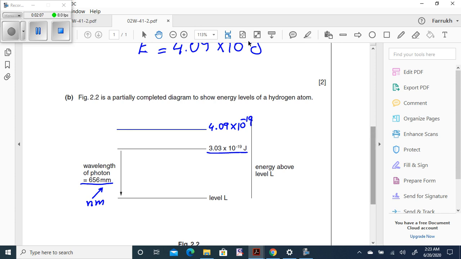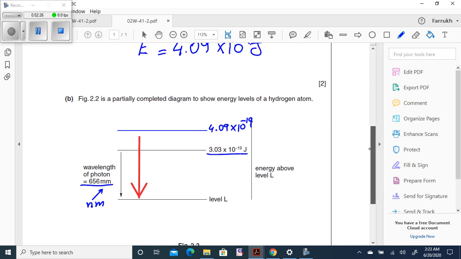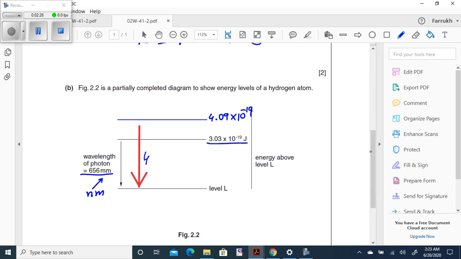A transition which originates from this point to the bottom will give us a shorter wavelength, because it has a higher energy, so a shorter wavelength of 486 nanometer. So this is the 486 nanometer photon.